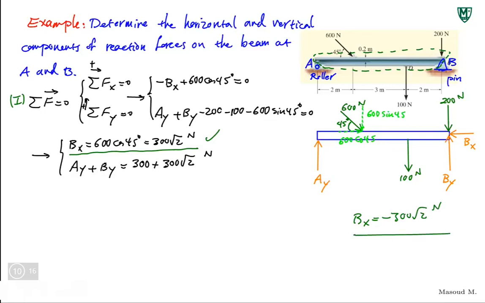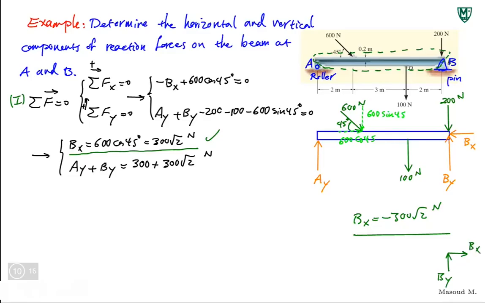You have two options. Listen to this one. You either continue your calculation with this negative value, assuming Bx is to the right, which is what you took as your assumed direction, and you got Bx as negative.